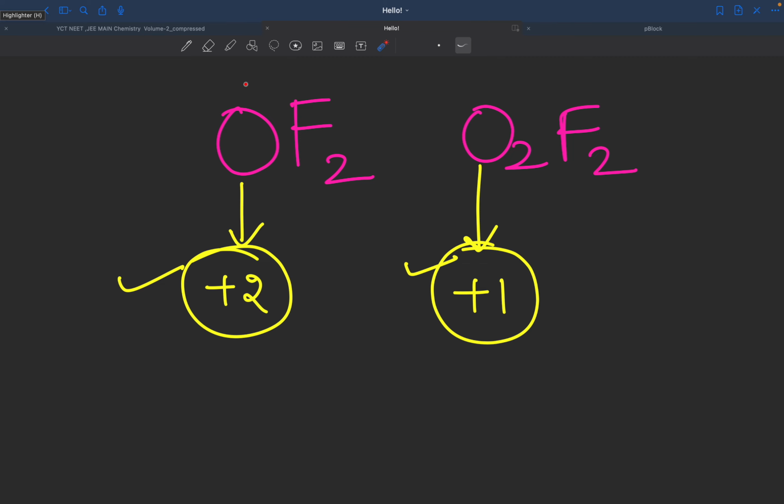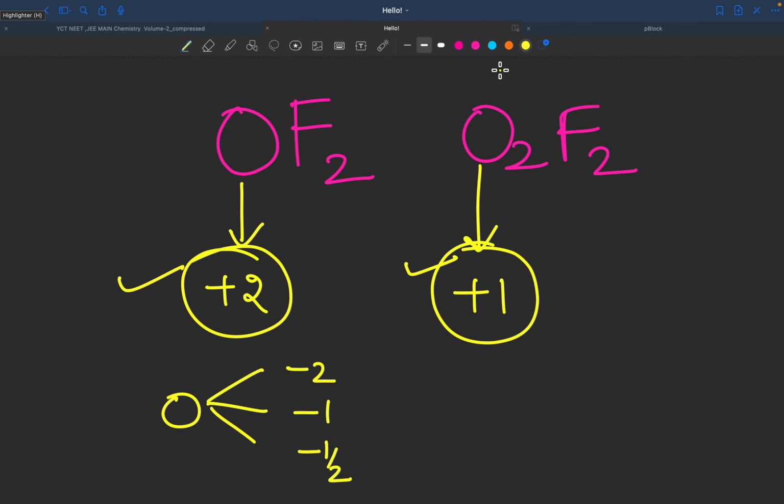So these are the 2 compounds you should remember where oxygen's oxidation number is plus 2. Otherwise it has only negative oxidation numbers. Oxygen shows 3 different oxidation numbers: minus 2, minus 1 and minus half.